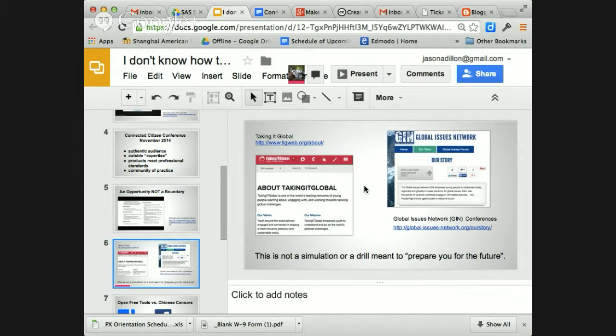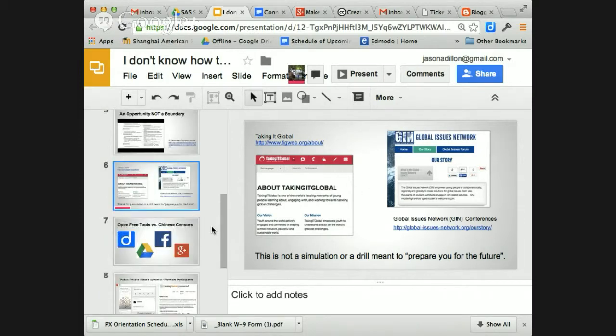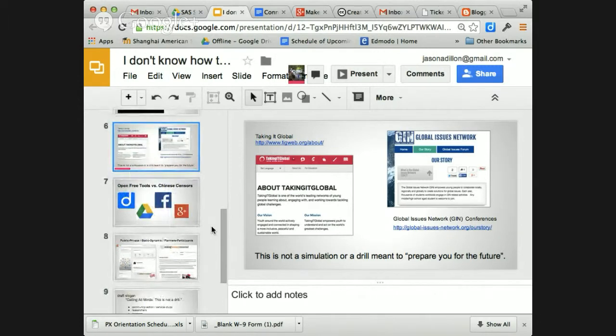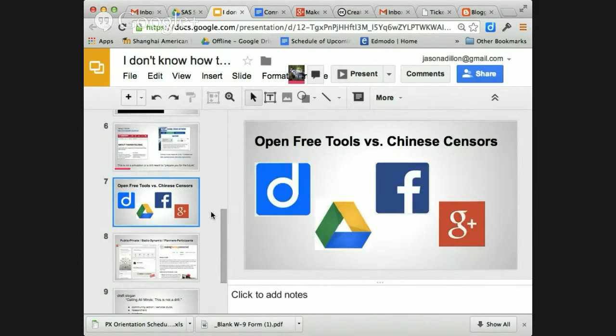Or there's this site, Taking It Global, where students share out about their community activism projects and things like that. But I really would prefer to have my students working with open, free tools rather than these things that limit their audience just to school groups.